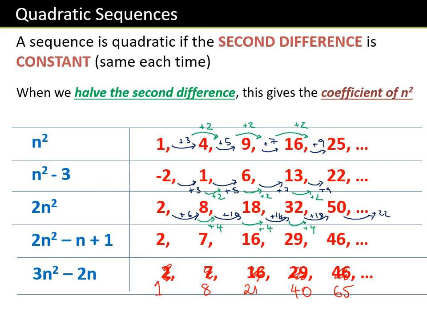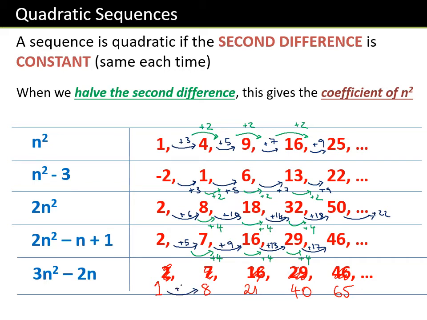I find in the next one, my second difference is also add 4. So 2 to 7 is 5, add 9, add 13, add 17, and again my second difference in green here, I'm adding 4, add 4, add 4. And this last one is different again.